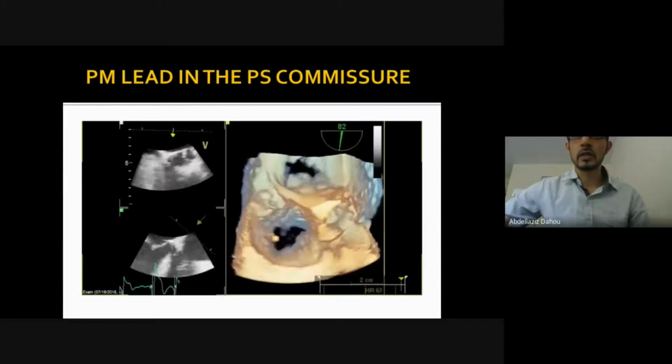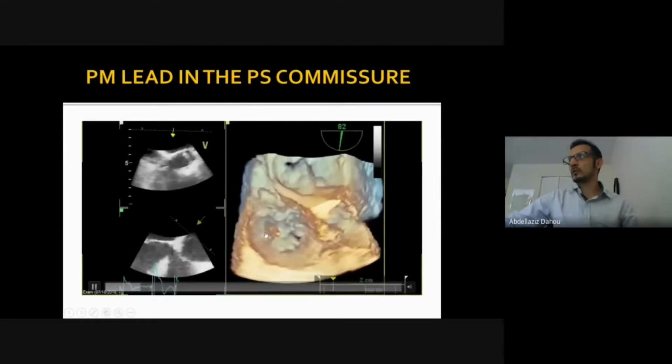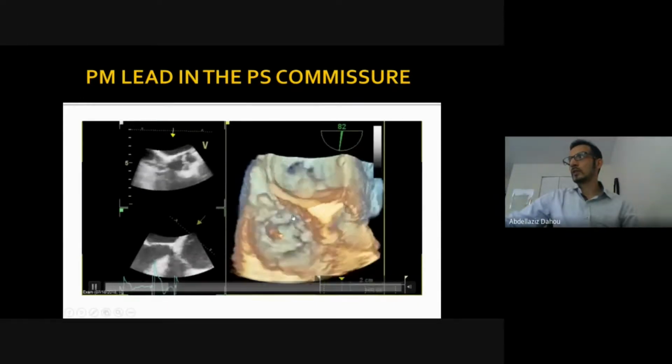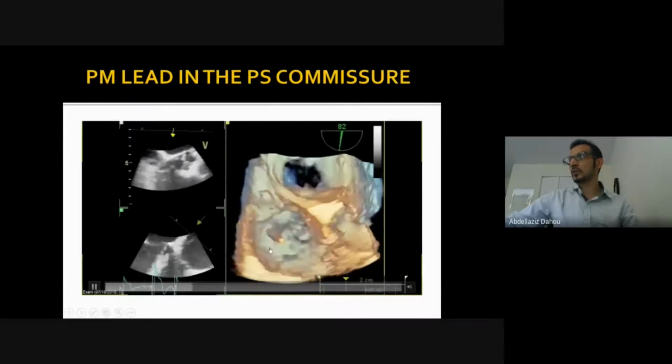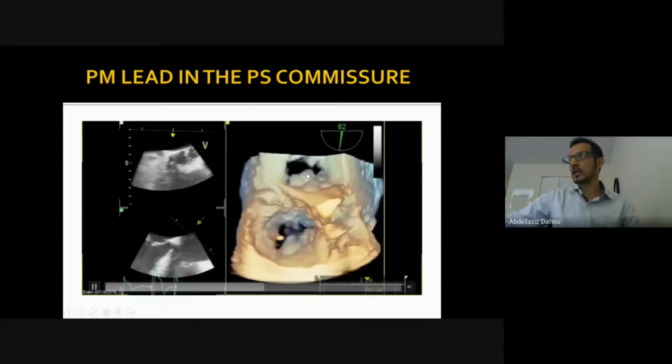You have here a 3D example with the lead sitting in the posterior septal commissure. Septal leaflet is here, the anterior is here, and the posterior toward this side. The aortic valve is here, so we know this is the anterior aspect. The mitral valve is on the other side.